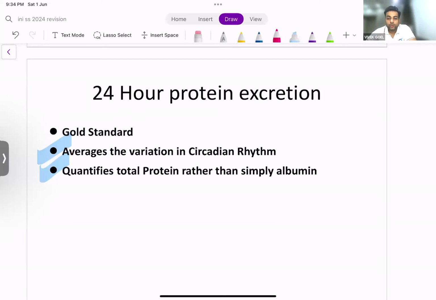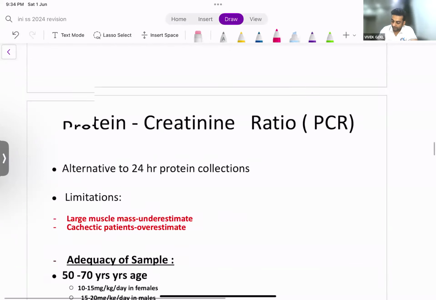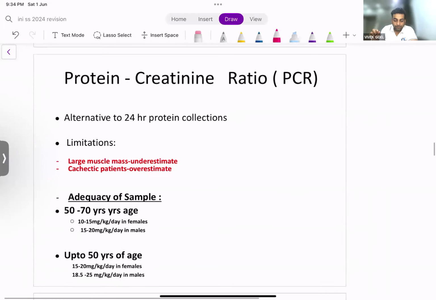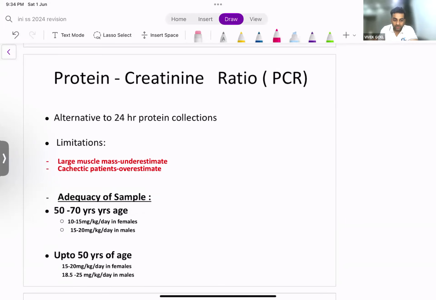That is why we use a surrogate method, that is spot urinary protein creatinine ratio or spot urinary albumin creatinine ratio. As I was telling you, the spot urinary PCR. So this is an alternative, but the limitation is if the patient is of large muscle mass, it can underestimate, and if the patient is cachectic, it can overestimate the urinary protein creatinine ratio.